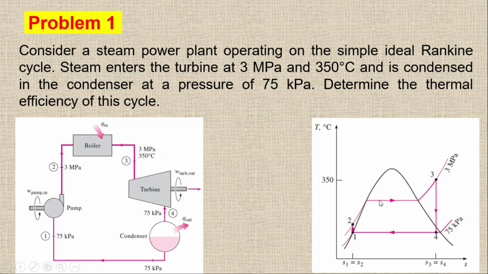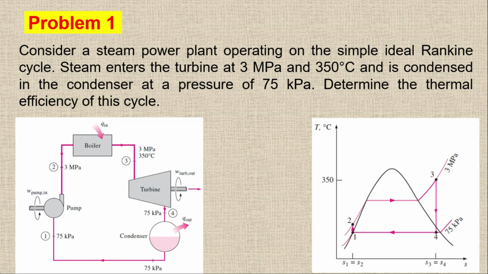Then we have 2 to 3, which is constant pressure heat addition. So we have to check the value of H2 and the value of H3, and by subtracting H2 from H3, we will get the Q in. Then we have the isentropic process in the turbine, and then we can get H4, and then we have the simple formulas to calculate the Q in, Q out, W net, and then we can find the efficiency.